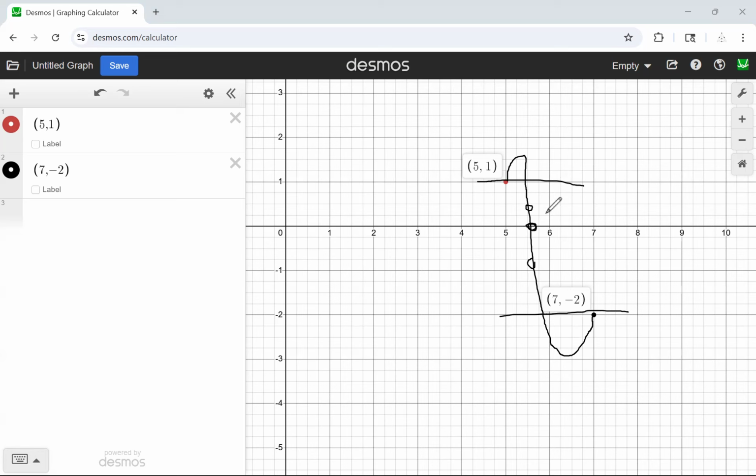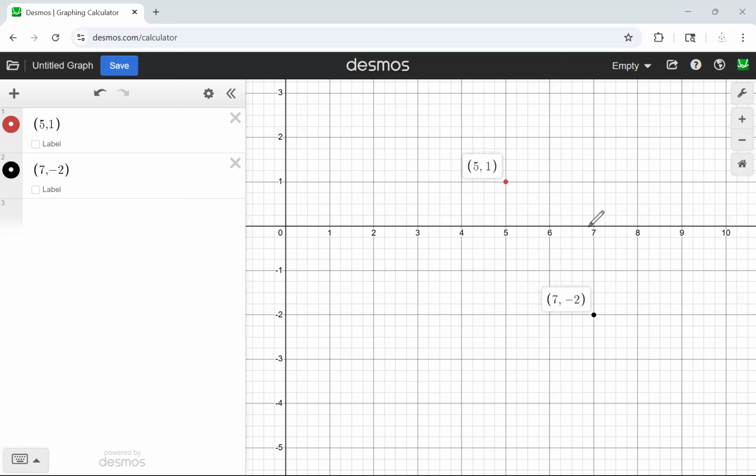Therefore, if I know that my function goes through the point (5, 1) and my function goes through the point (7, -2), I know there's going to be some x-intercept somewhere between an x value of 5 and an x value of 7. It might be at 6.5. It might be at 5.1.